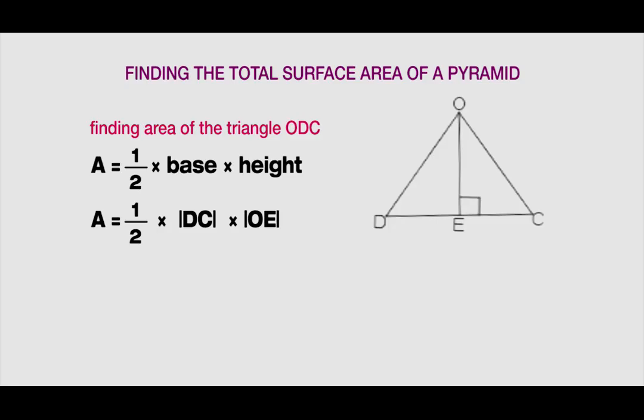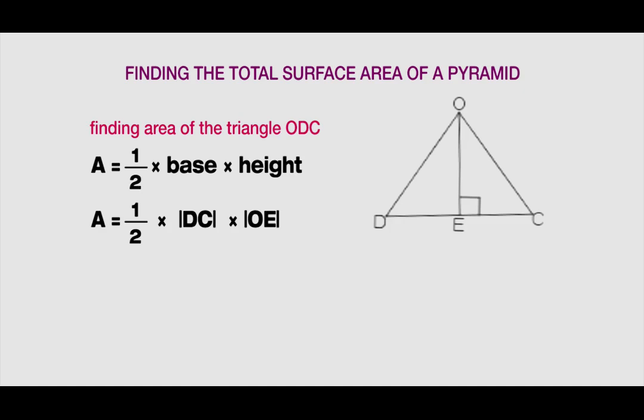Let us find the area of triangle ODC. We know from our previous lessons that the area of a triangle, A, is half multiplied by the base multiplied by the height. So from our triangle, A is equal to half multiplied by DC, which is the base, multiplied by OE, which is the height.